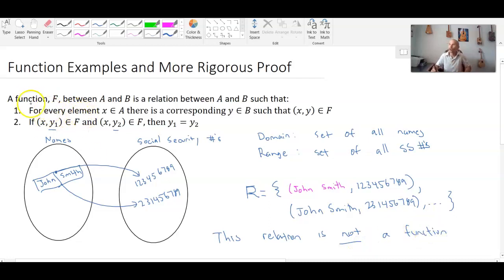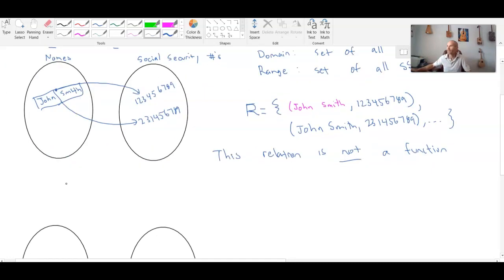Now, we could argue in number 1, the first qualification is that for every single x inside of this domain that we define to be A, for every name in here, there's going to be an associated social security number, at least in the majority of cases.